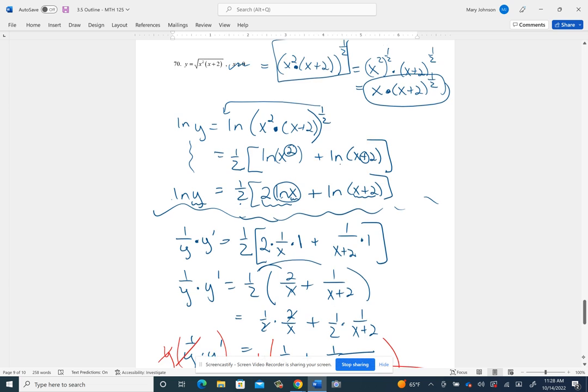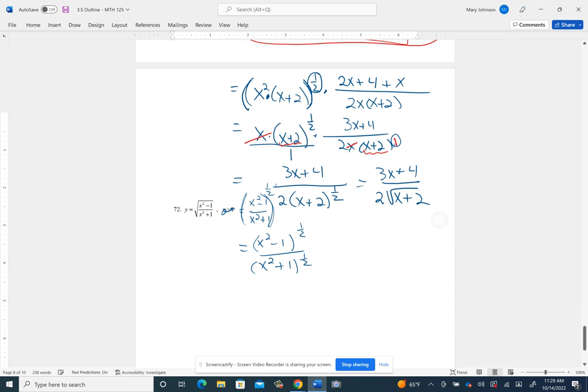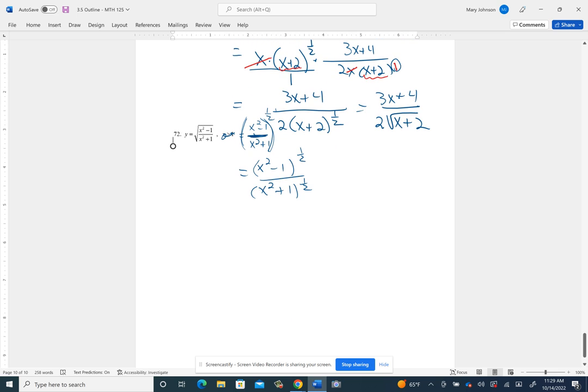Okay, if I had wanted to on this one, since this was a product that was being raised to a power, was multiplication there, then I can apply that exponent to both. It has to be either times or division for that to be true. If it's adding or subtracting, you can't just apply the exponent.